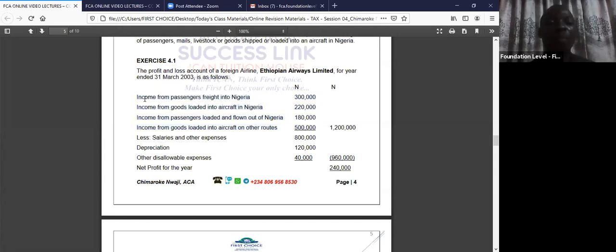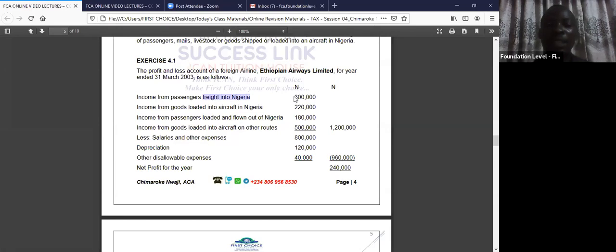Income from passengers freight into Nigeria. So passengers are coming into Nigeria. So if they are coming into Nigeria, it means they must have come from somewhere. So the destination is Nigeria.